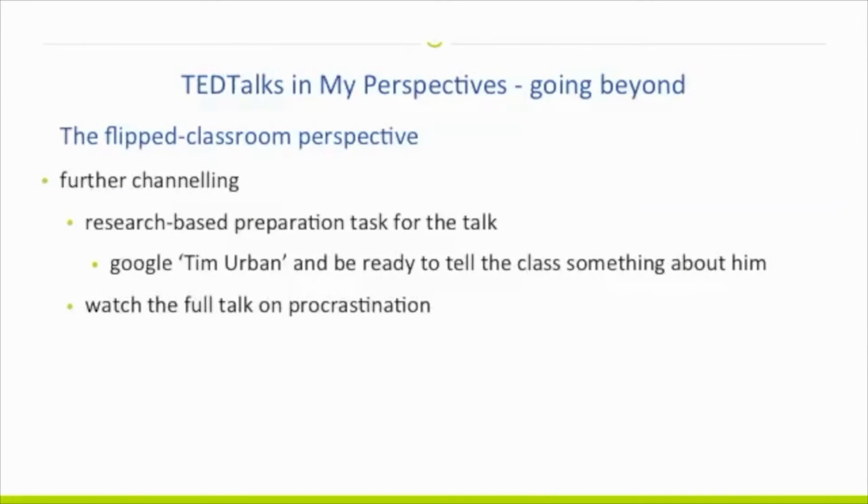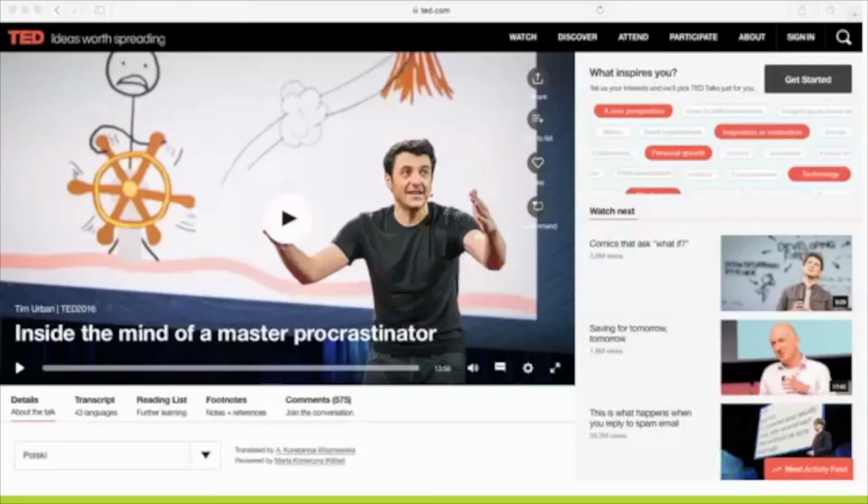So the next idea would be to actually watch the full talk on procrastination, and you could do it using two different media. You could watch it on the actual TED website. So you just type in Tim Urban, and that's the first hit you get. As you can see below the film, you've got some details about the talk, so some kind of introductory basic information, but also you've got transcript in 43 different languages, including Polish, and also obviously including English.